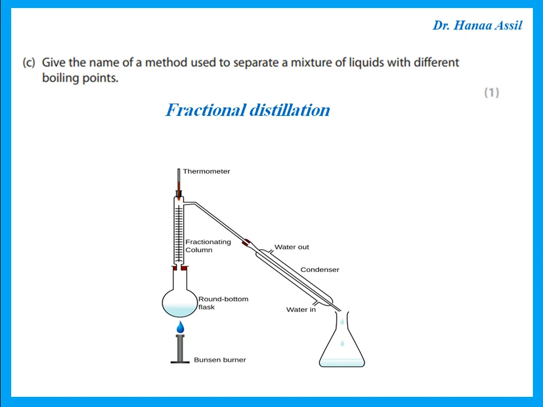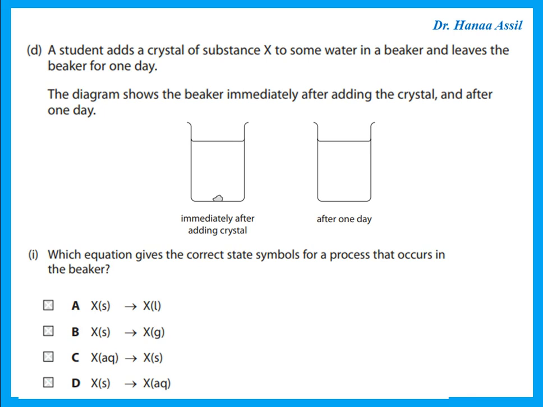The gas is cooled and condensed in a condenser and collected in the receiver. So this is the method that we use to separate a mixture of liquids that have different boiling points.